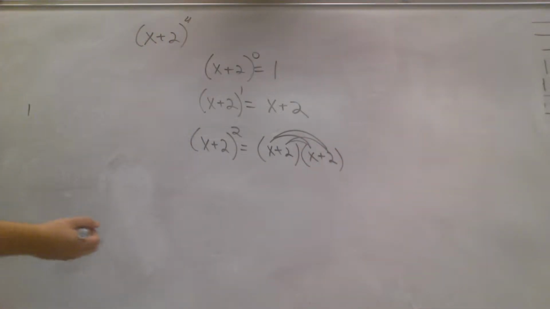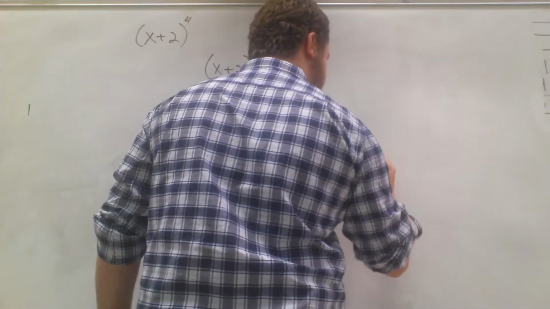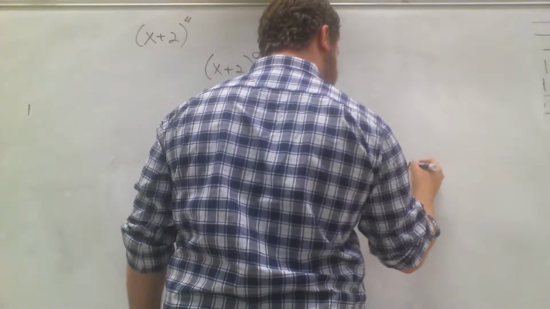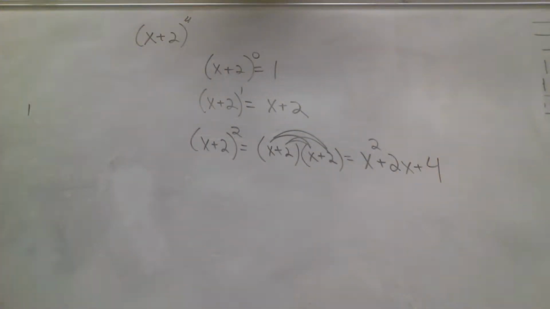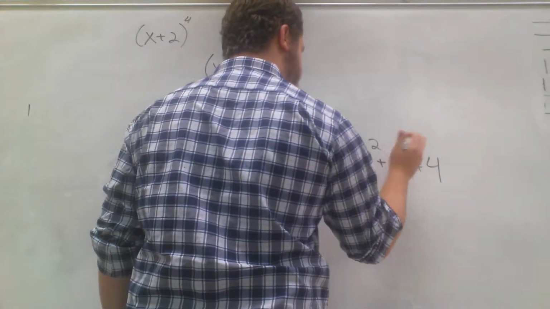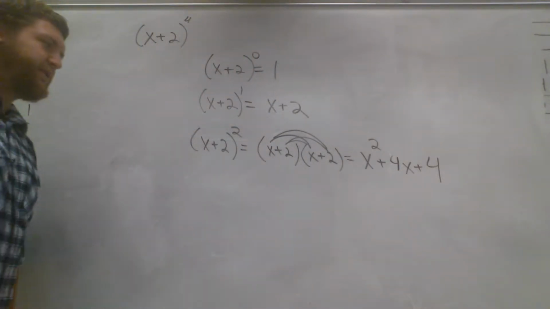So you end up getting a larger term than a simple x plus 2. You get x squared plus 4x plus 4. Okay, that's what you end up getting.